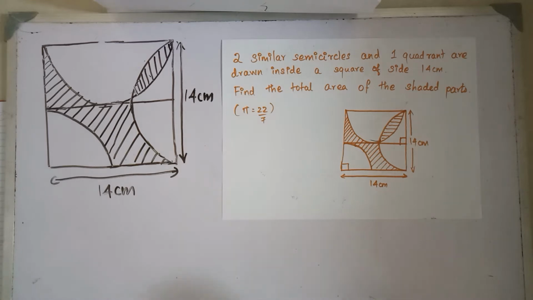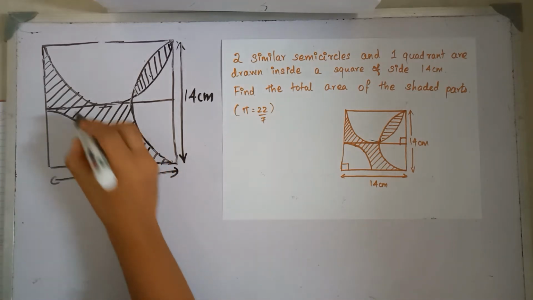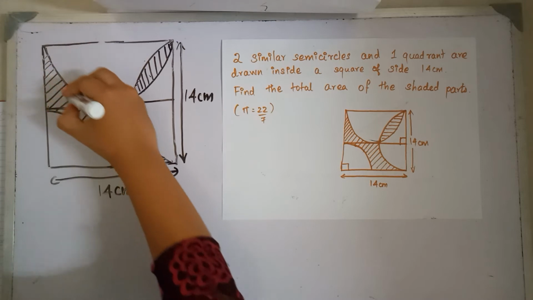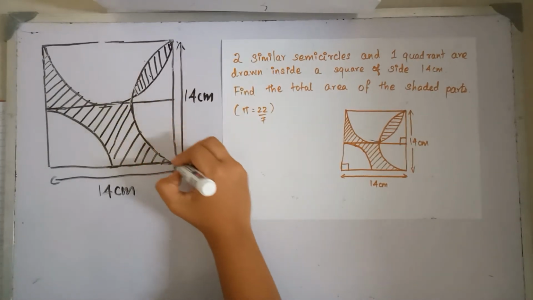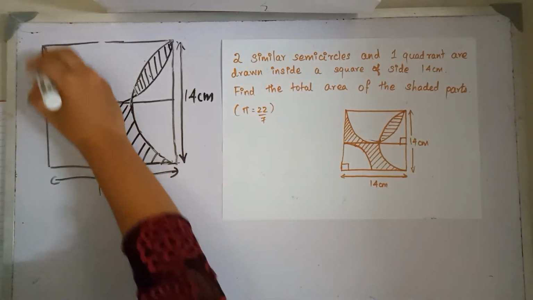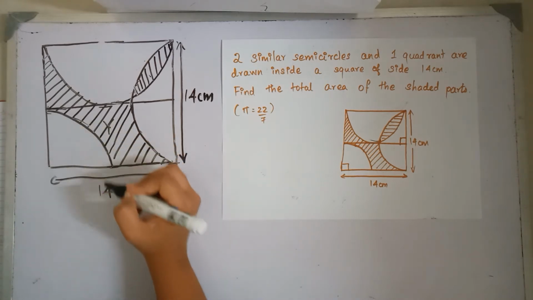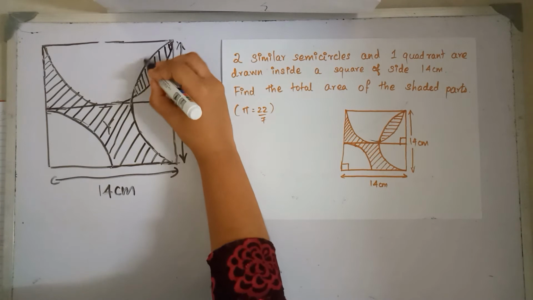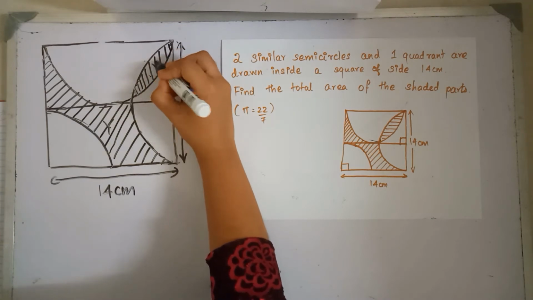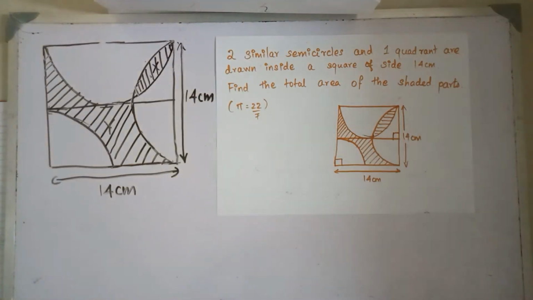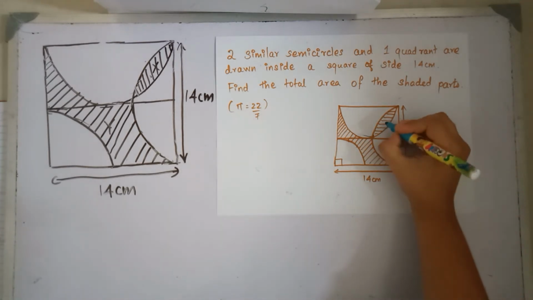So first let's label the shaded parts. Let's have this shaded region as Y and this shaded region as X. So we can mark it here. I've brought different sketch pens so we can differentiate it easily.